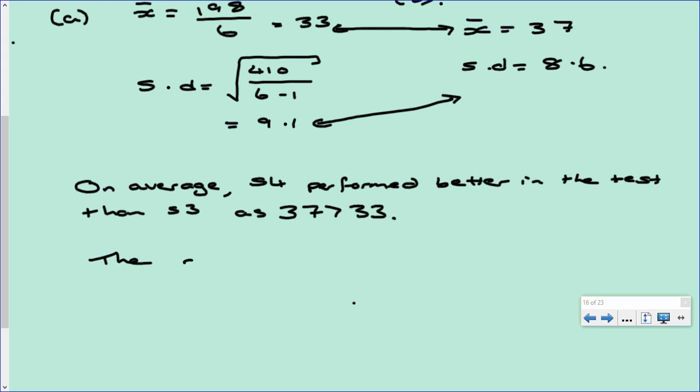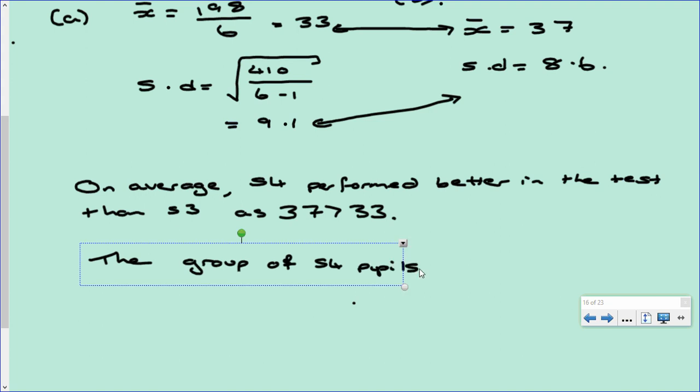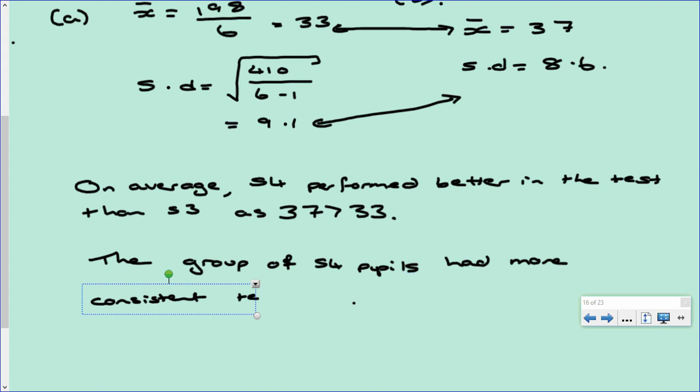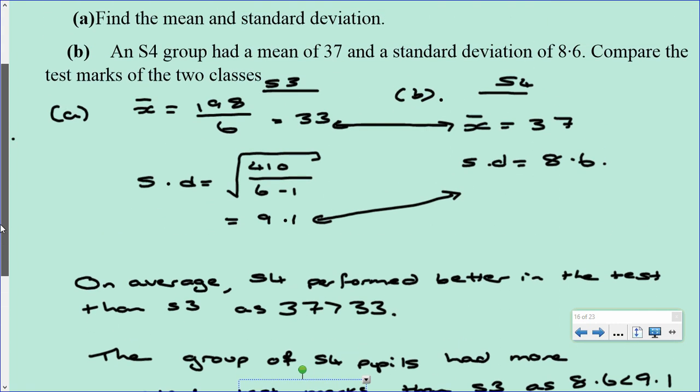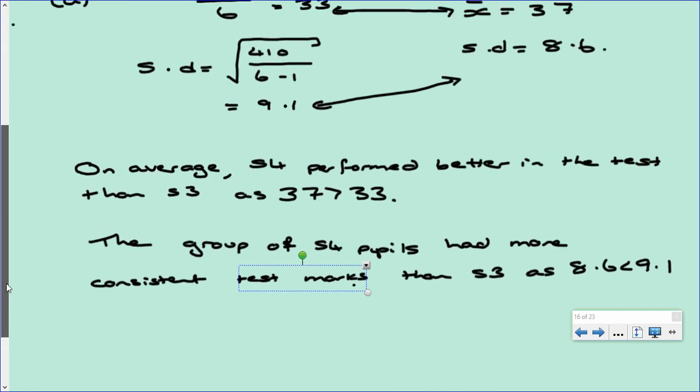So the group of S4 pupils had more consistent test marks than S3. And again, we're going to put in as, and then 8.6 is less than 9.1.